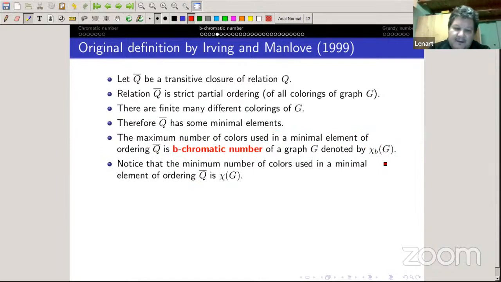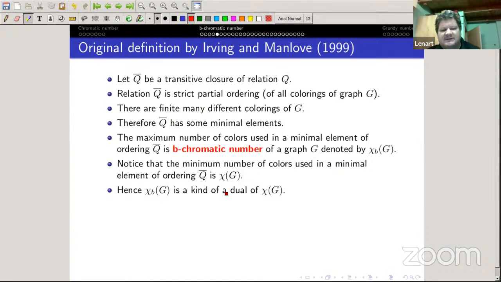Okay, and if we take the minimum number of colors in a minimal element, then we obtain chi of G. So this phi B of G, this b-chromatic number, is kind of dual because of that, to chi of G.